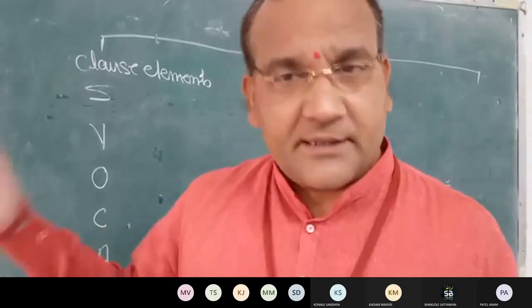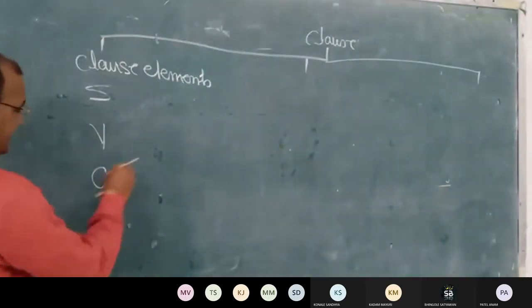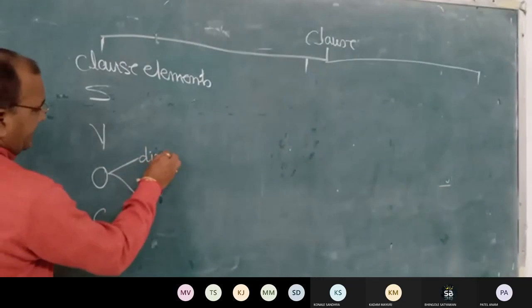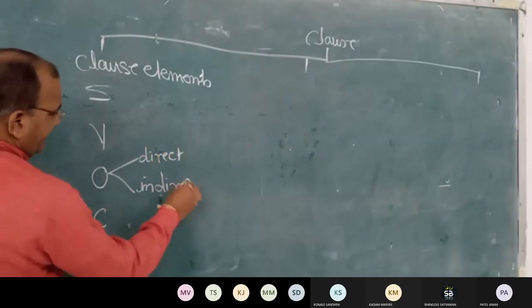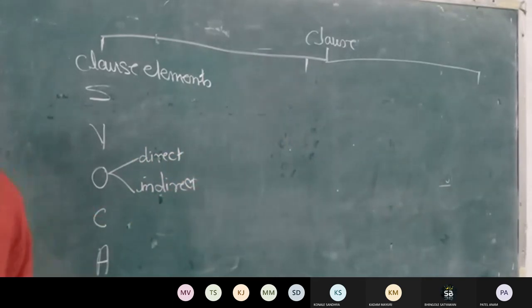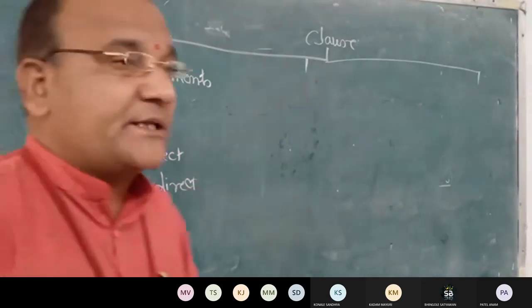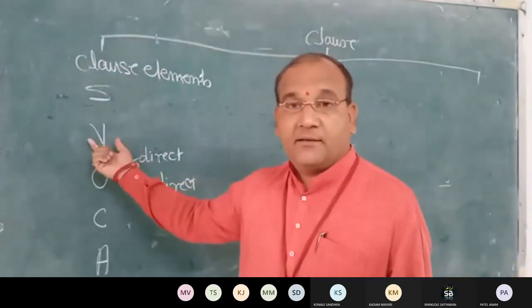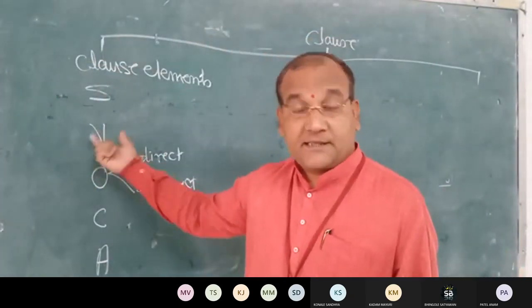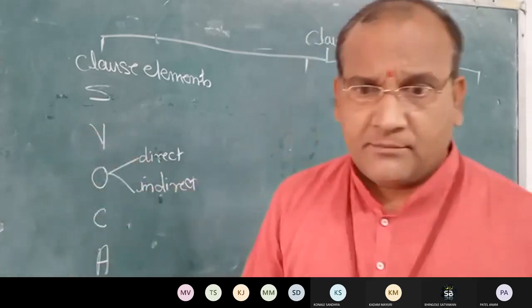We have two kinds of objects in English: direct object and indirect object. Now, to have an object in a sentence, what type of verb do we require? A transitive verb.